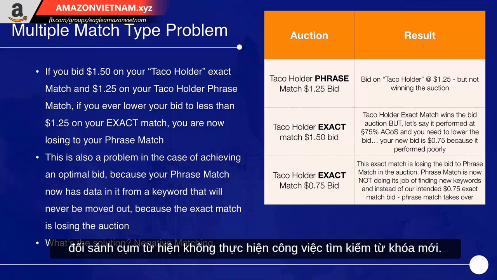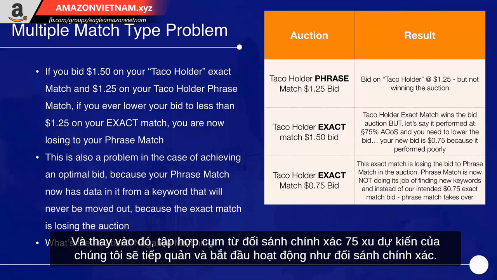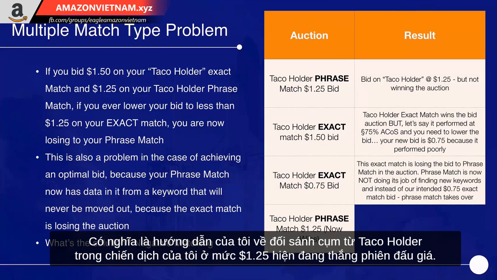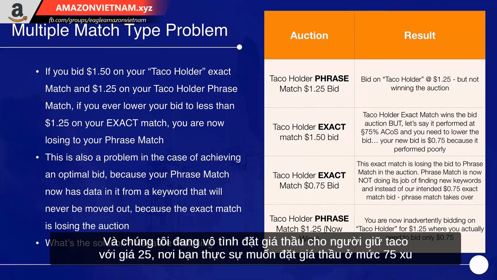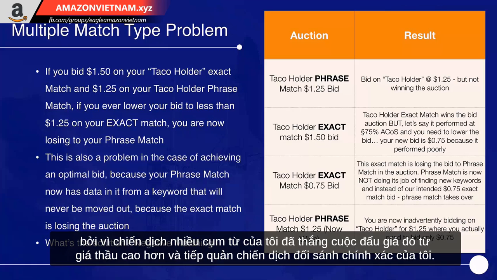Phrase match is now not doing its job of finding new keywords, and instead of our intended 75 cents exact match, phrase match takes over and starts acting like exact match, meaning my instruction of taco holder phrase match within my campaign at $1.25 is now winning the auction. And we are inadvertently bidding on taco holder for $1.25 where you actually wanted to be bidding at 75 cents because my phrase match campaign has won that auction from a higher bid and taken over my exact match campaign.